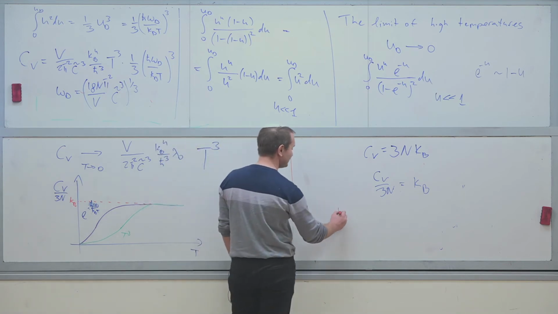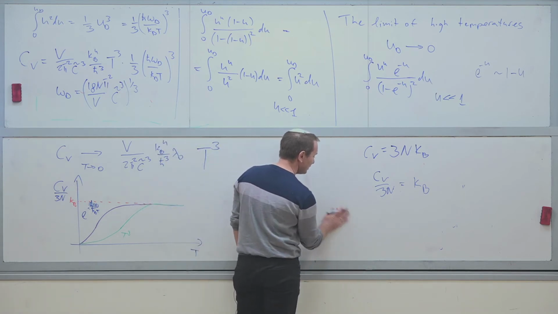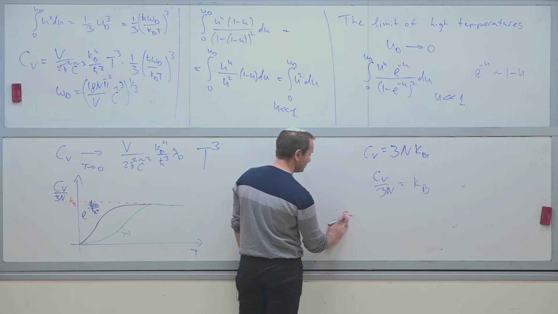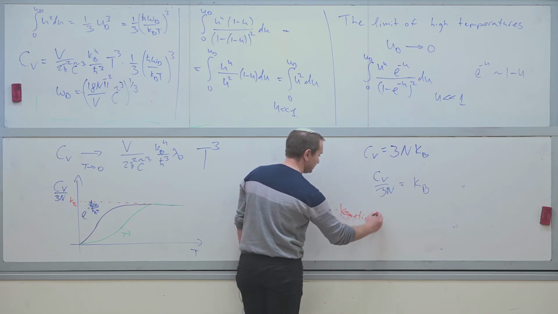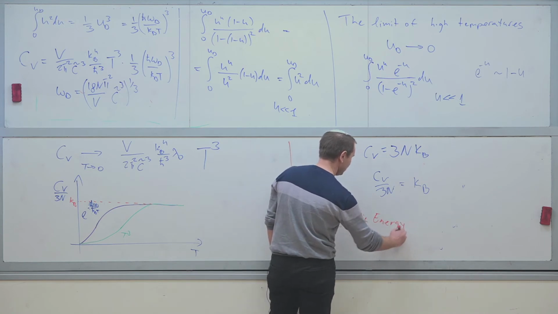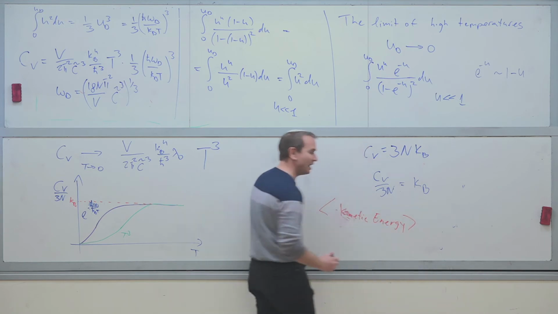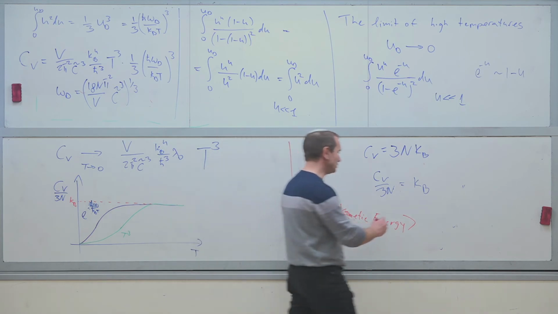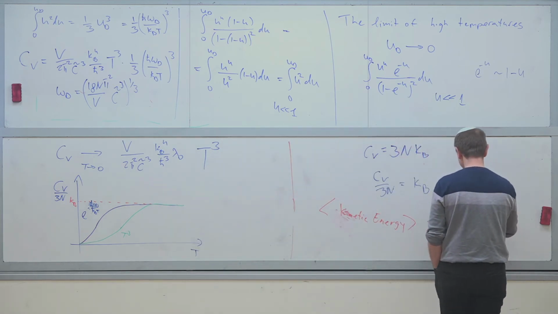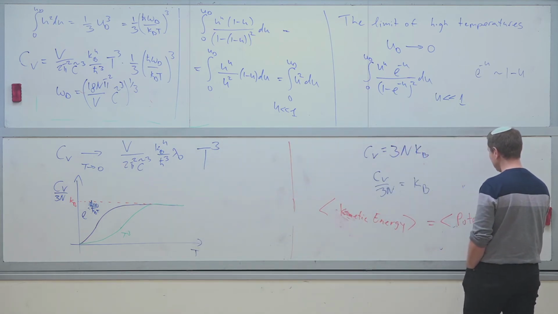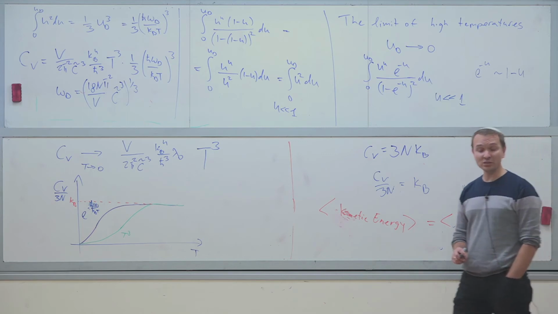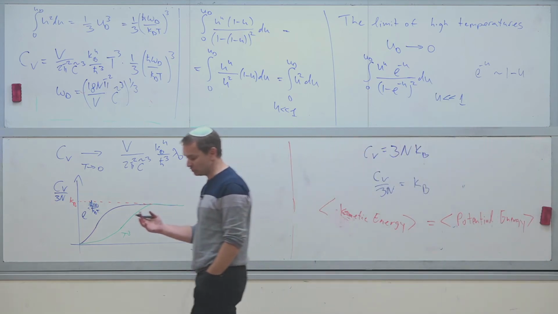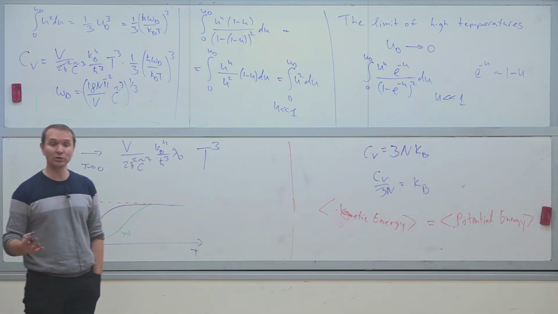It states that the average kinetic energy equals the average potential energy when the potential energy is that of a harmonic oscillator.